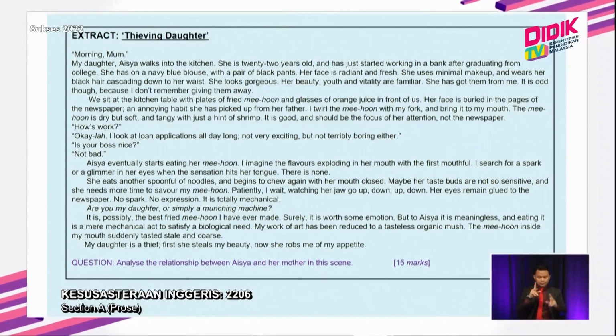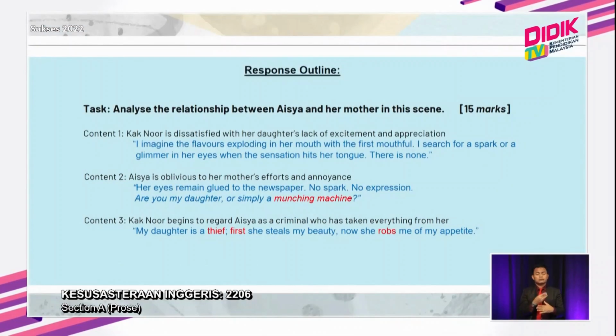We've read through the passage, we've read through the question. First thing to do is to break it down and decide what our content points are. And I would put content 1, she's clearly dissatisfied. I would put there content 2, Aisha, unfortunately, is oblivious to her mother's annoyance. She doesn't realize how her mother really feels. And content 3, I would put there, Kak Noh even begins to think to herself how her daughter is a criminal who has taken everything away from her.